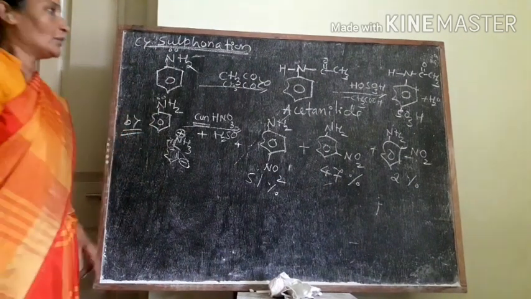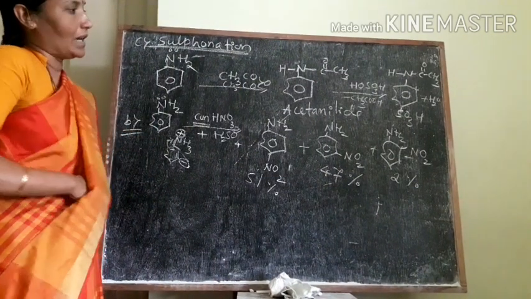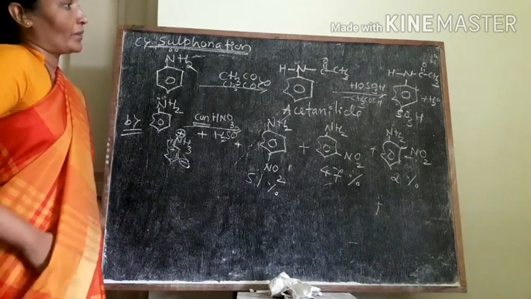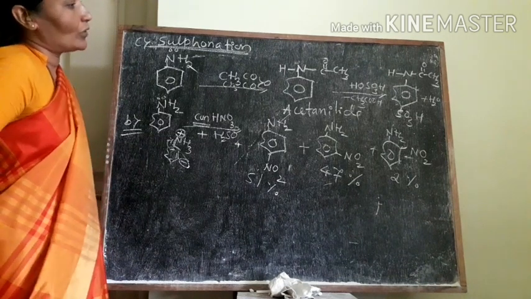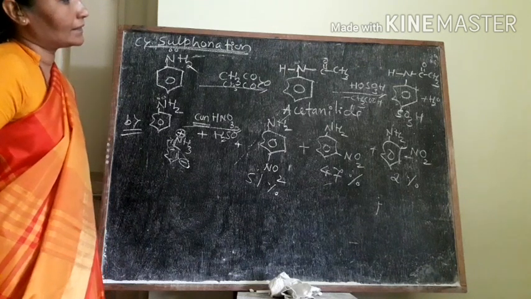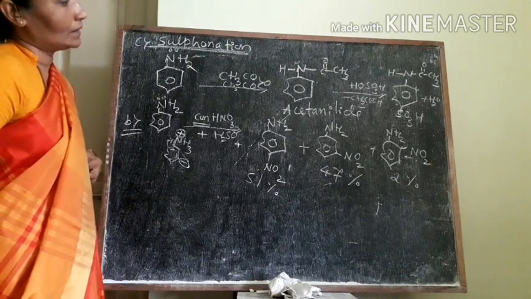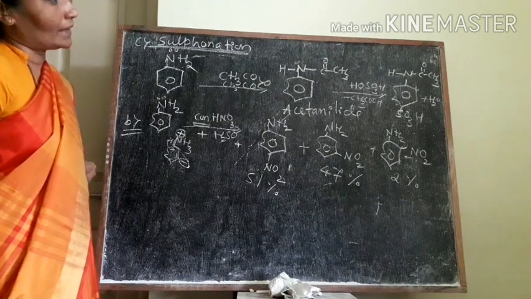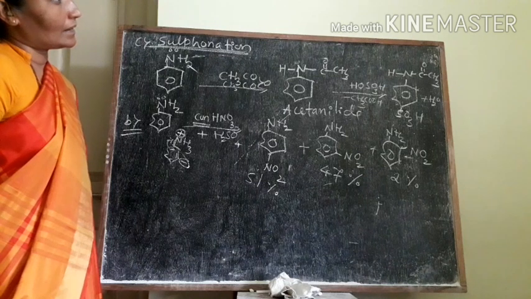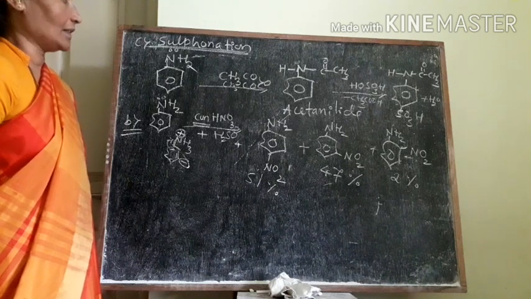Now the formed compound is known as benzene sulfonilic acetanilide, or you can take it as hydrogen sulfate acetanilide.